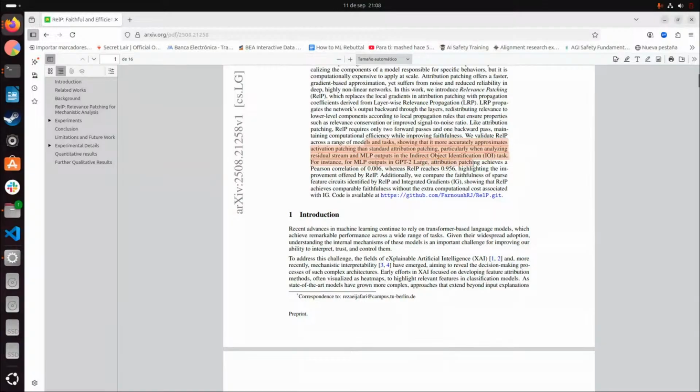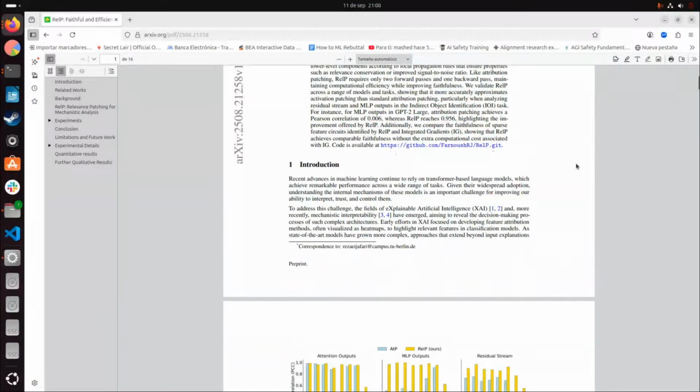For GPT-2 Large, attribution patching's correlation is 0.06, and this is 0.9, which is a higher number. I'm not sure what the context is, but yeah, a higher number is much better.